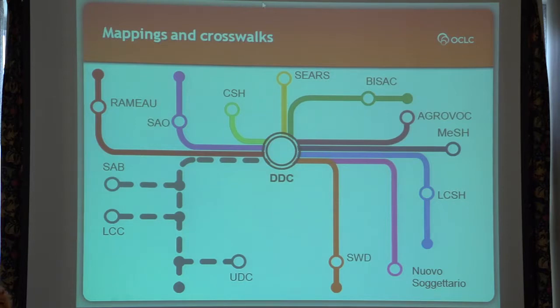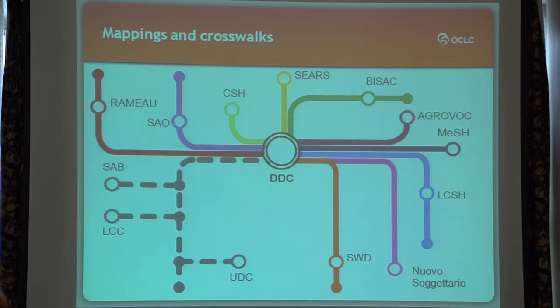So if we start on the upper left and roam over to the lower right quadrant, and I have to say as an aside, a colleague in the Office of Research at OCLC, J.D. Shippengrover, did this for me. We originally used this in DC, and so this is the metro view of Dewey.